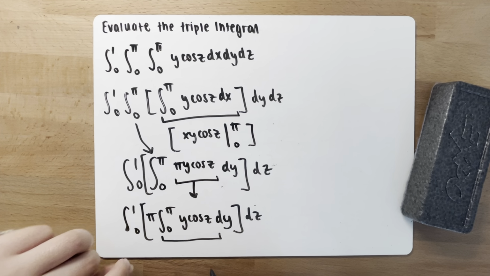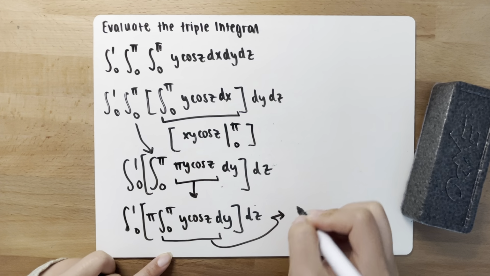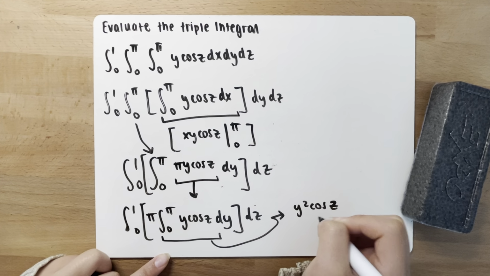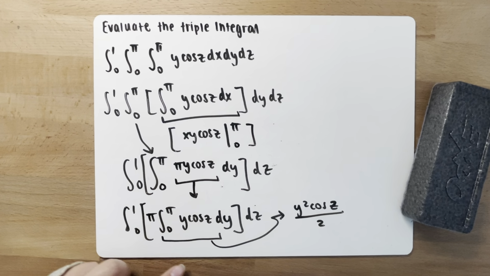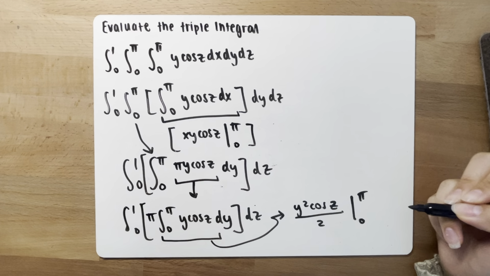The integral of y cosine z with respect to y will give you y squared cosine z over 2 from the boundaries pi to 0.